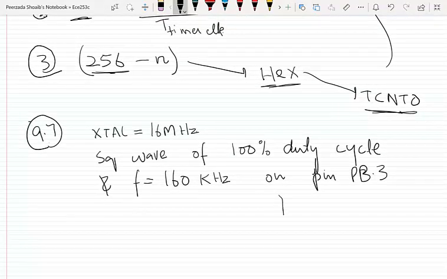So 100% duty cycle simply means the square wave will be on and off for equal amounts of time.